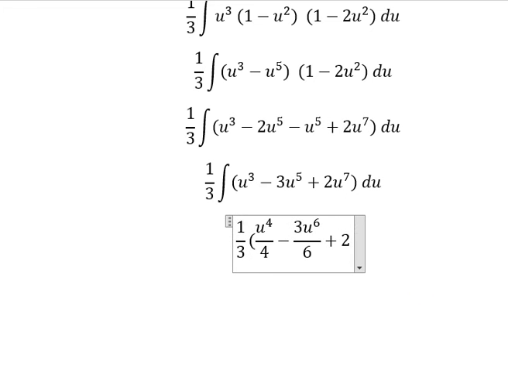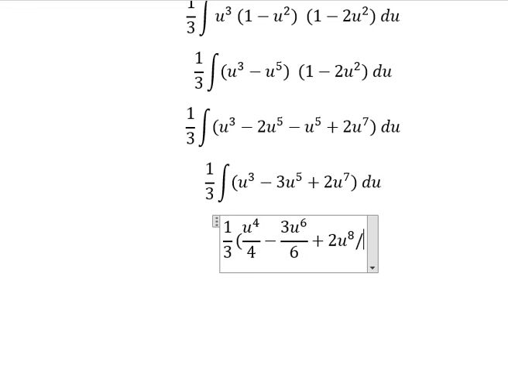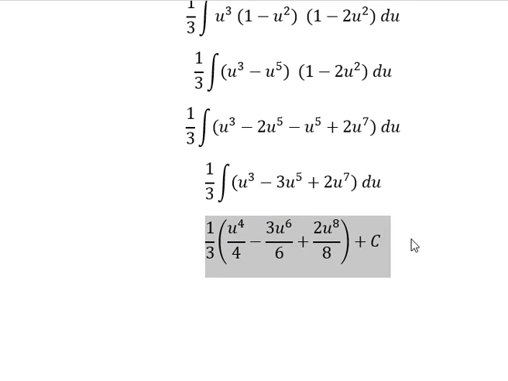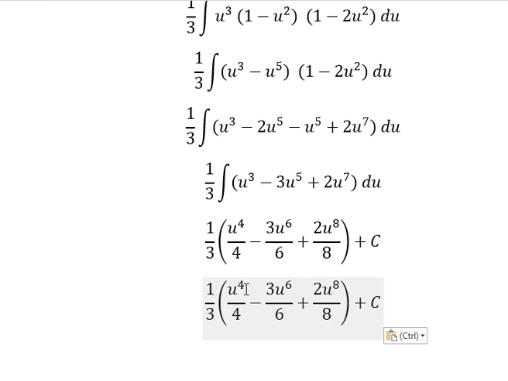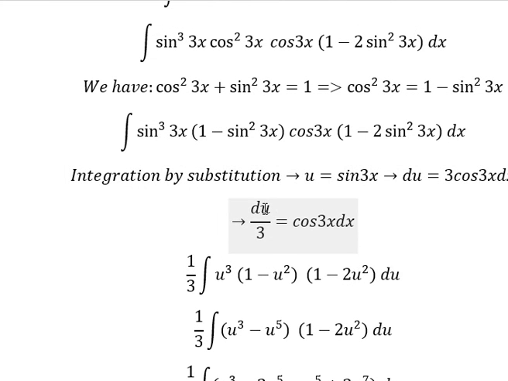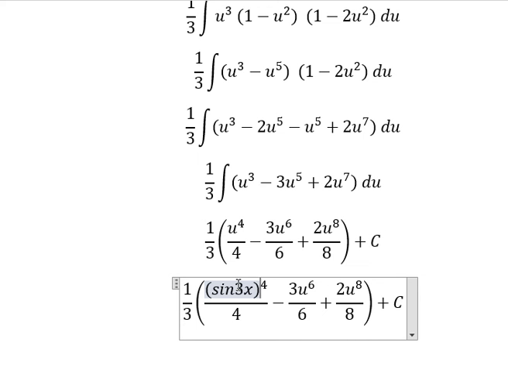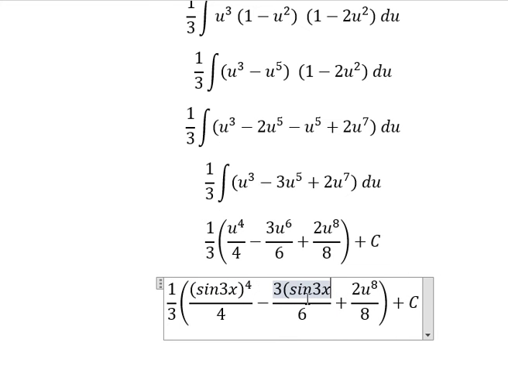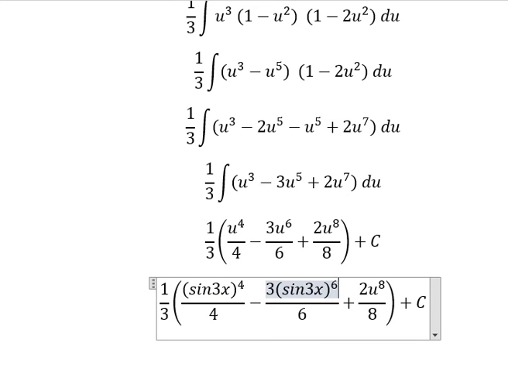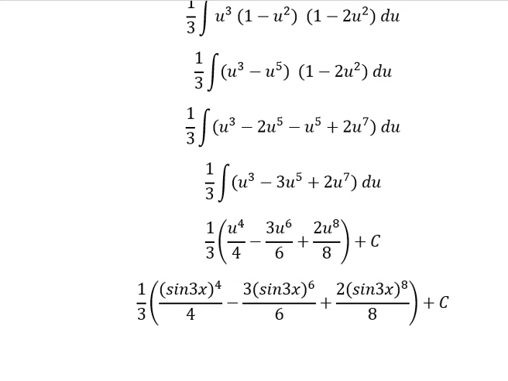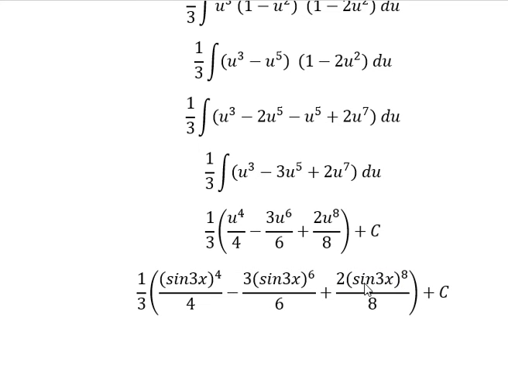And the last one, and we put c. About u, that's sine 3x. And this is the final answer.